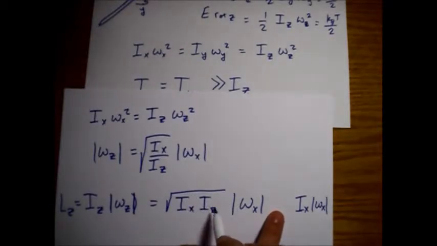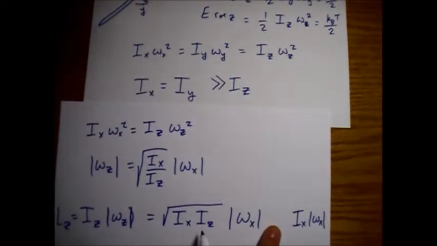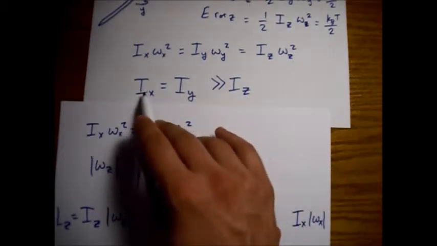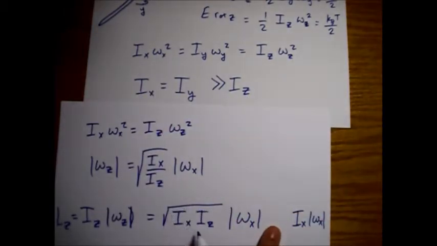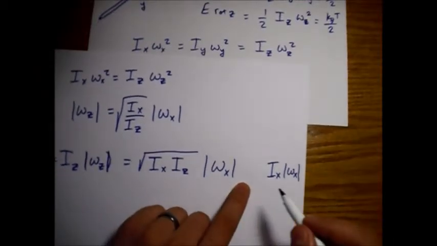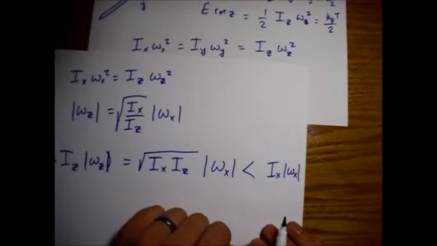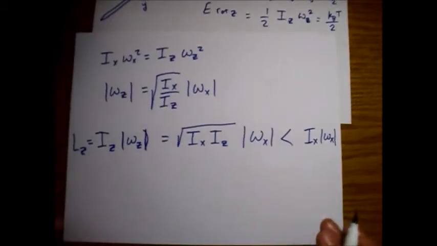So an I sub x squared under a square root. Since this I sub z is much smaller than I sub x, that means the square root of I sub x times I sub z is also smaller than the square root of I sub x times I sub x. So this is a less than sign.